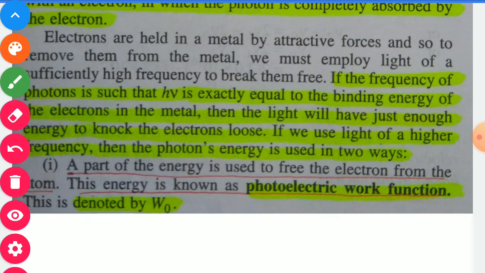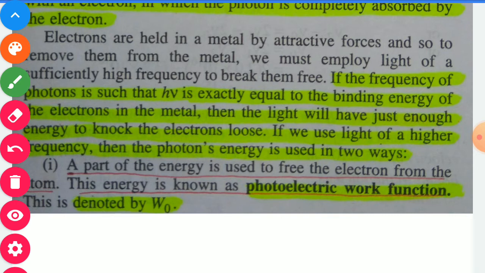Means if the energy of light incident on the surface of the metal is just sufficient to cancel the binding energy, the electron just ejects but does not achieve kinetic energy.